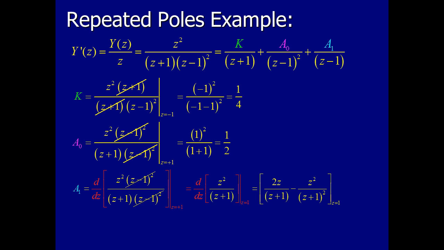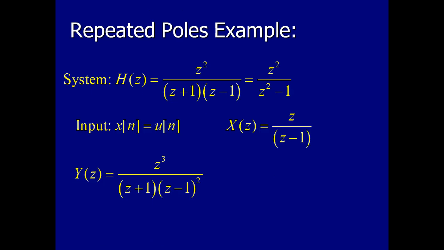And whether you're better with the multiplicative or the division rule for derivatives, you can derive what that derivative is going to be and just combine those terms together. Replace again, z is still plus 1. It's still the value of z at that pole position. And so plugging that in, we get 3/4.